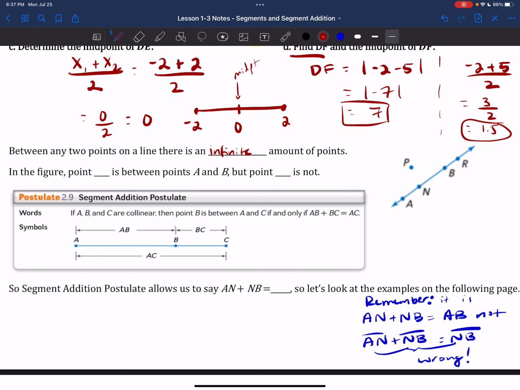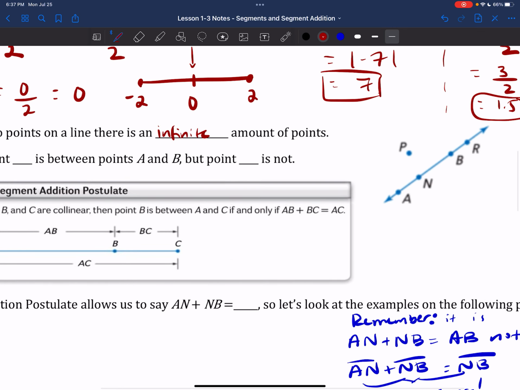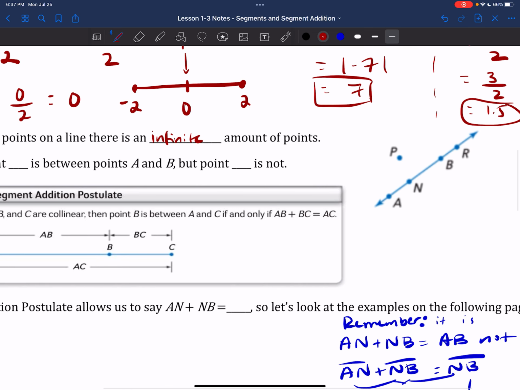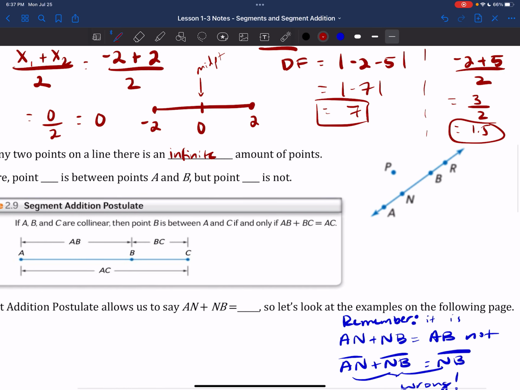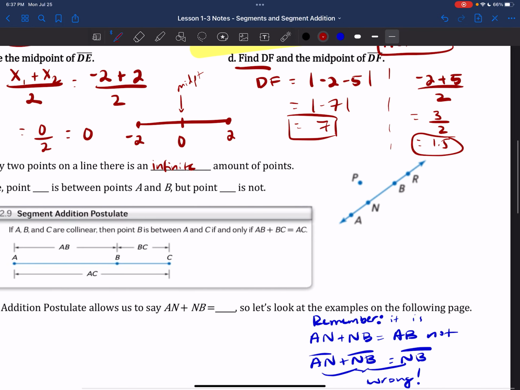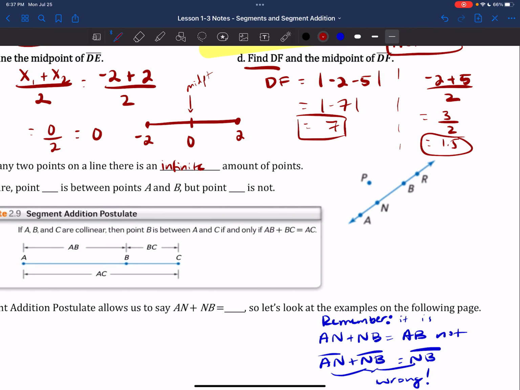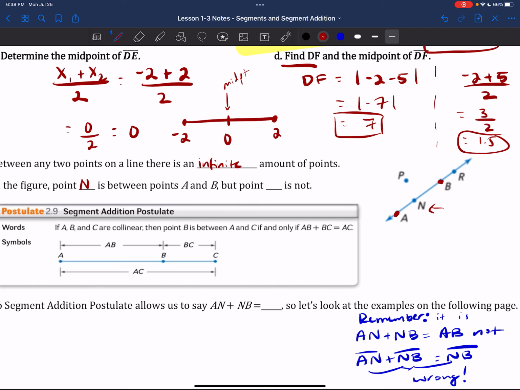In the figure, point blank is between points A and B, but point blank is not. Okay? So, taking a look at that, what point is between A and B? Here's A, here's B. Well, we can see that N is between those 2 points, but P is not.